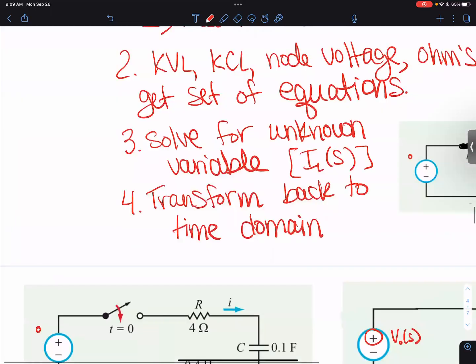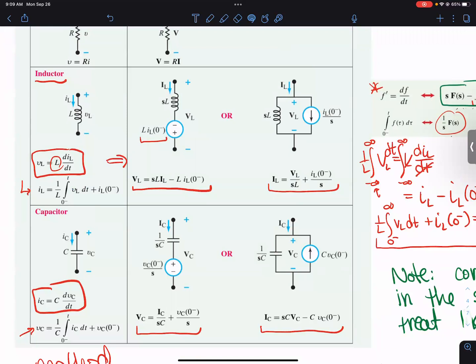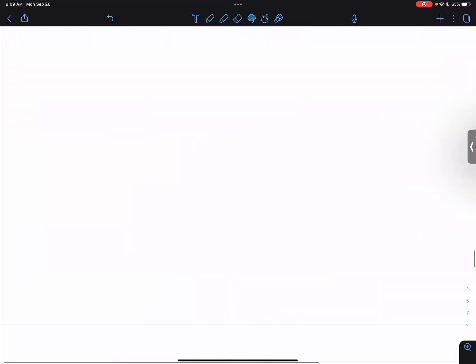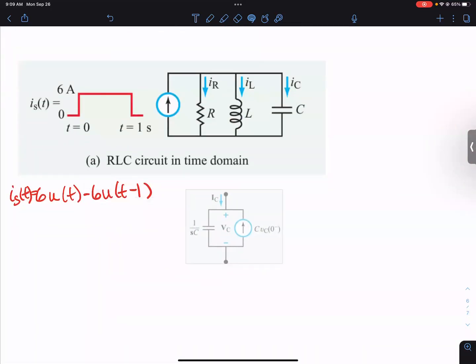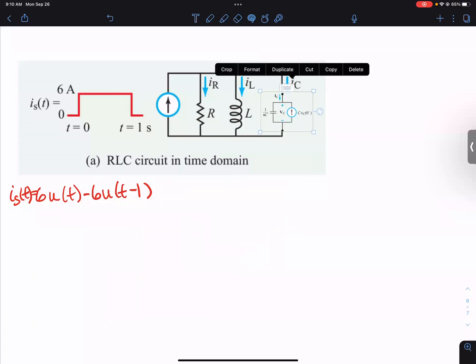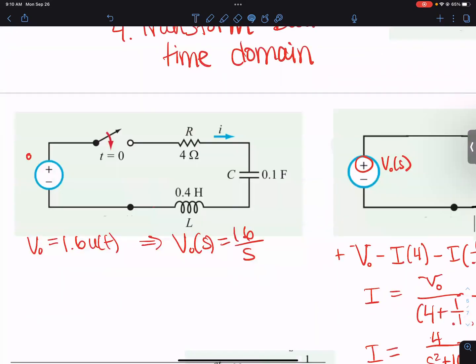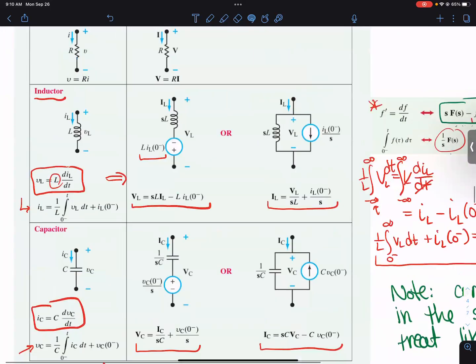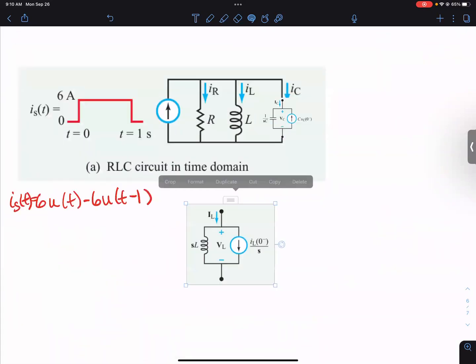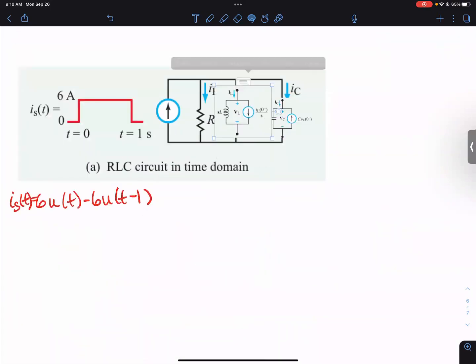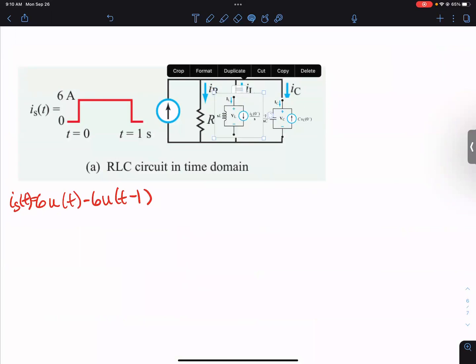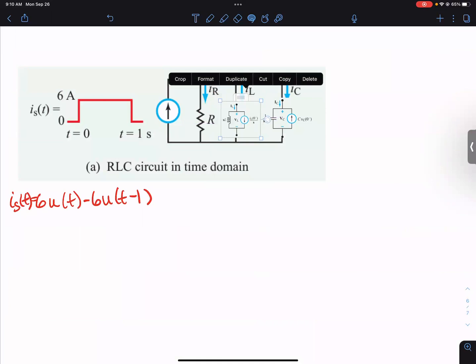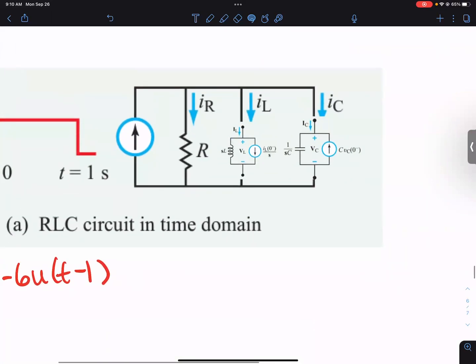So I'm going to go back up and copy those. They're a little small, but it goes in there.